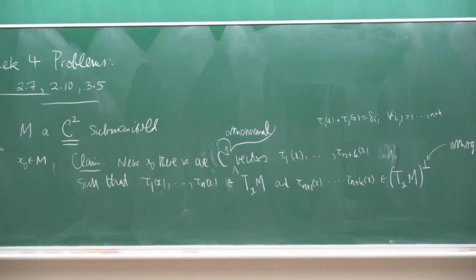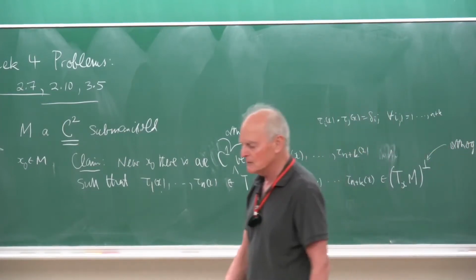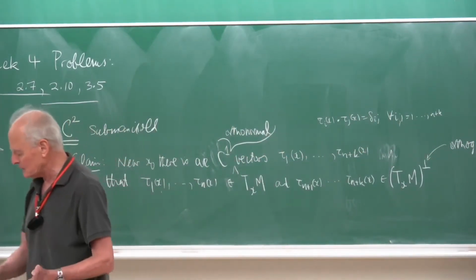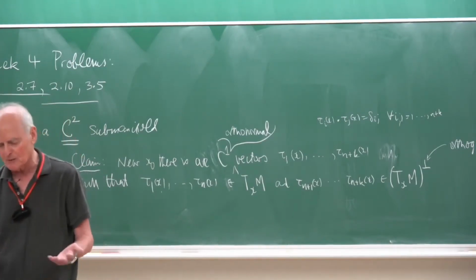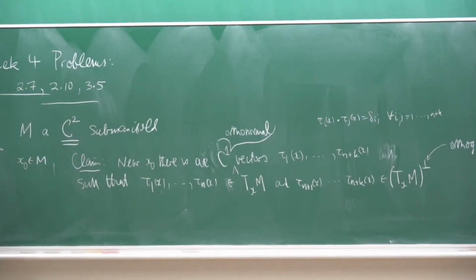Now, if you're not too familiar with differential geometry as yet, then you should be aware that you can't do this globally in general. Even on the unit circle, it is not possible to find... actually it is.